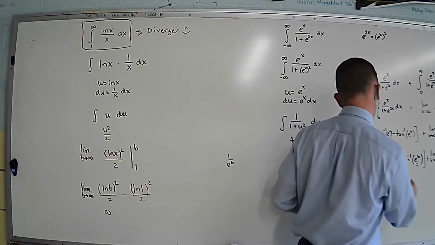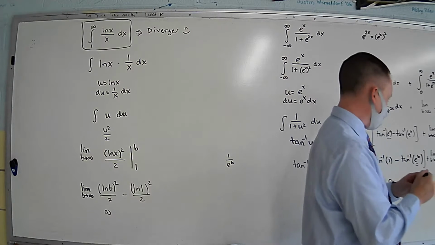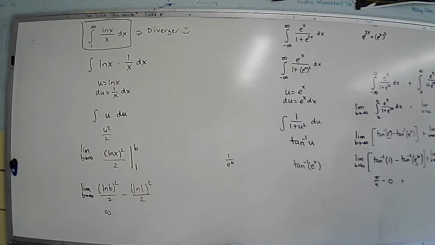Plus the inverse tangent of e to the b as b goes to positive infinity. As b goes to positive infinity, e to the b is going to infinity. So that's the inverse tangent of infinity, which we determined the other day is pi over 2.